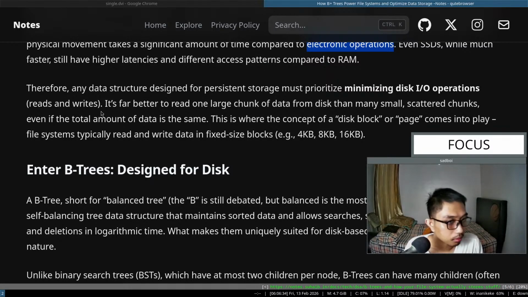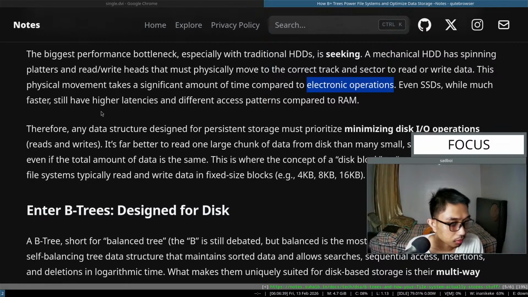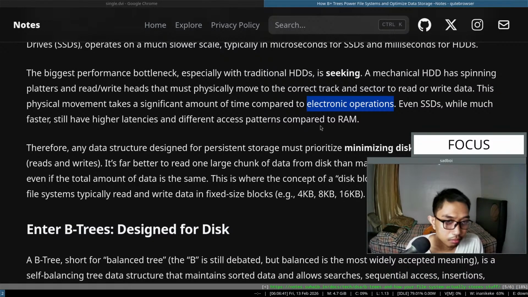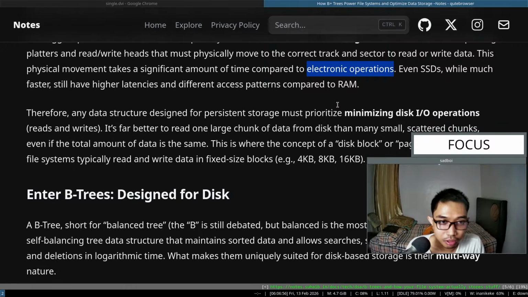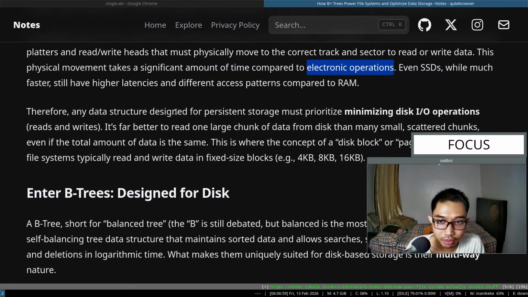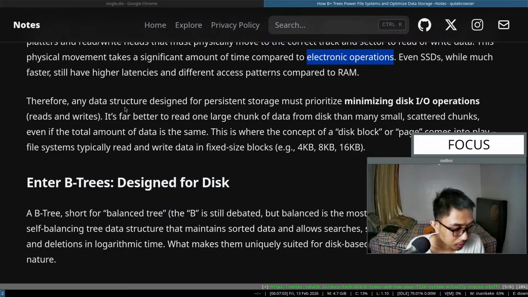Wait, but isn't the RAM the same? Does it need to pass through the input-output or not? I'm still not sure if we need to pass the input-output to access the RAM or not. Okay, that is one of the hypotheses.